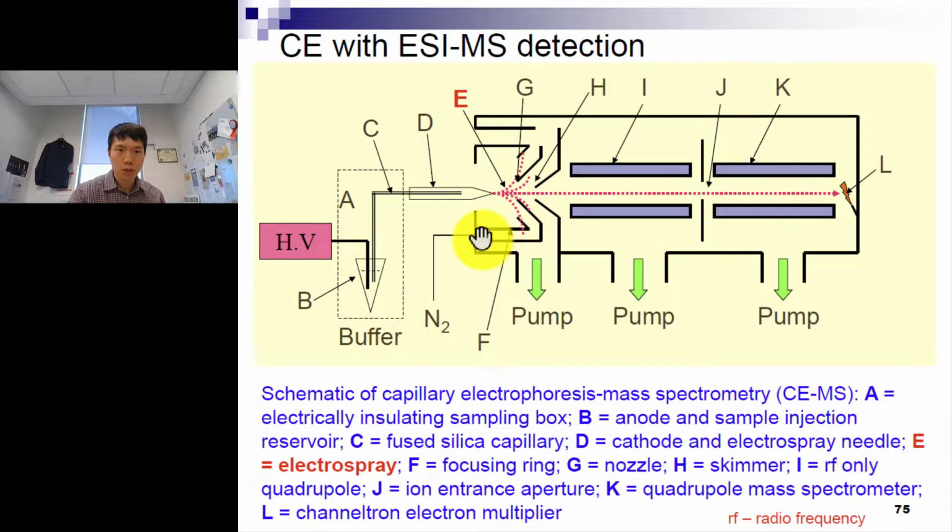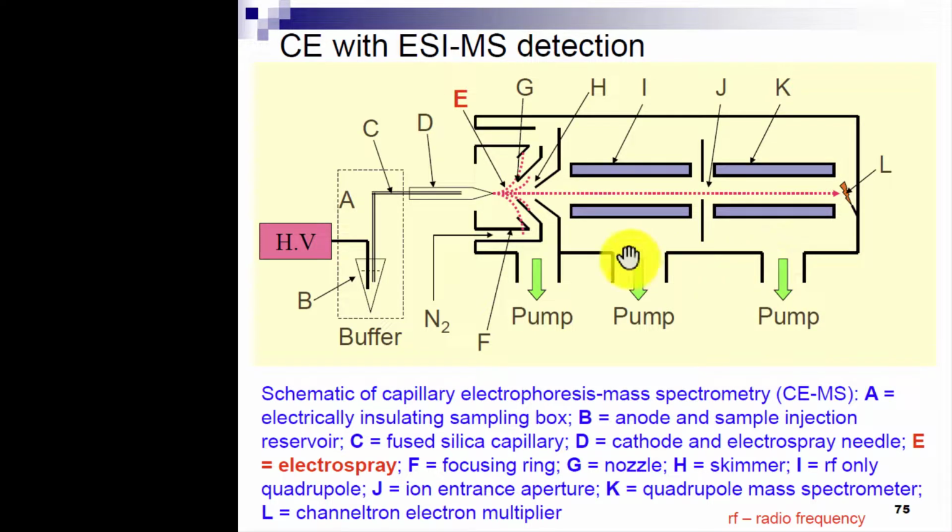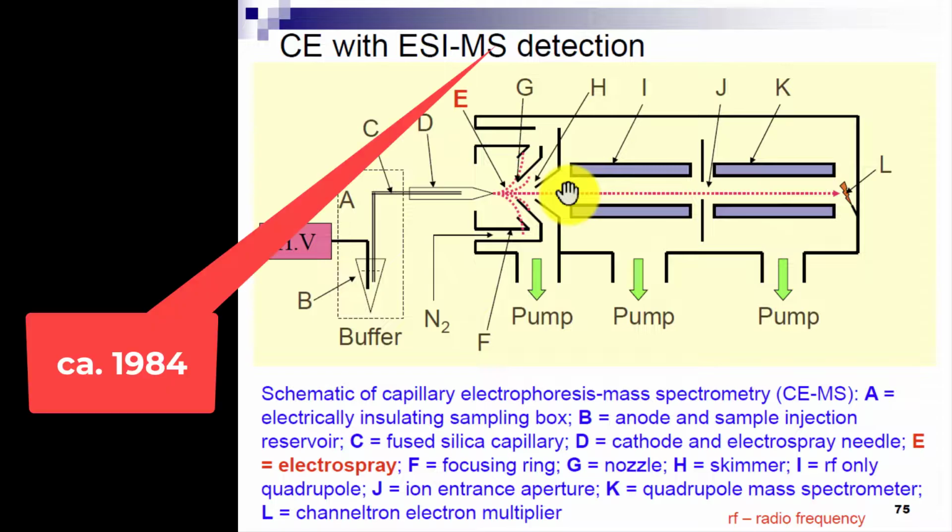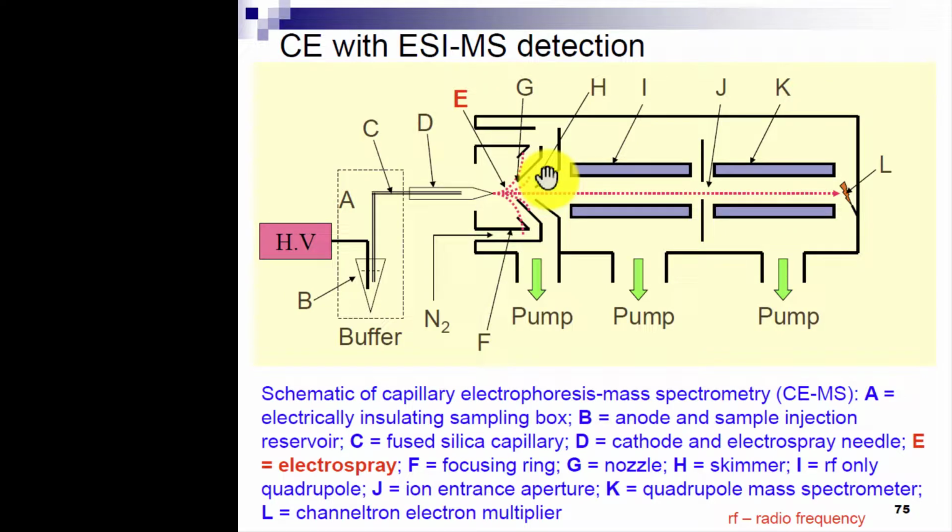Now this is a very good diagram to show the different components in the CE-MS. Electrospray ionization mass spectrometry, in short ESI-MS, was first described in 1984 and became one of the most important techniques for analyzing biomolecules like polypeptides, proteins, and oligonucleotides, because they have a molecular weight of 100,000 Dalton or more.